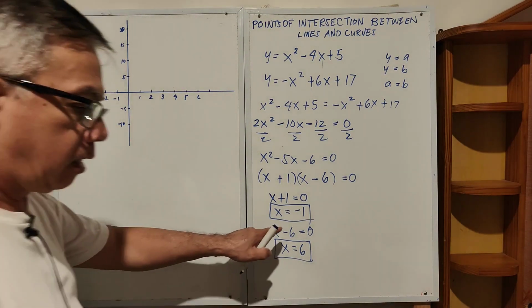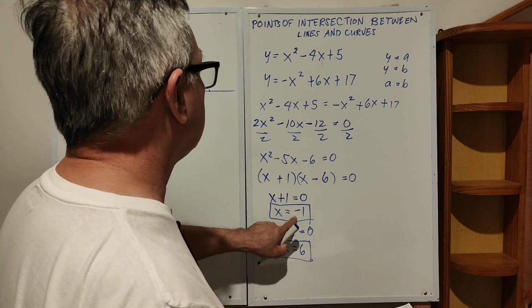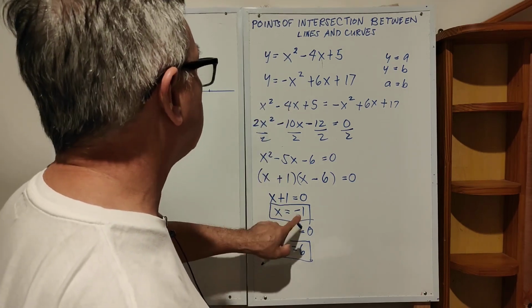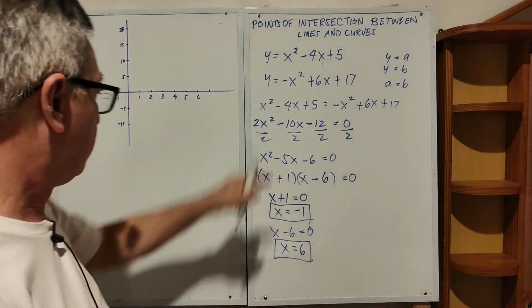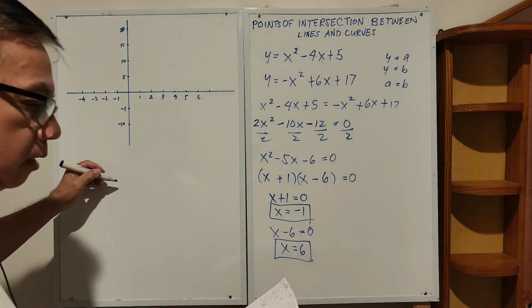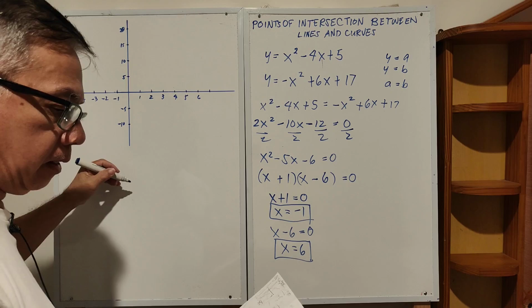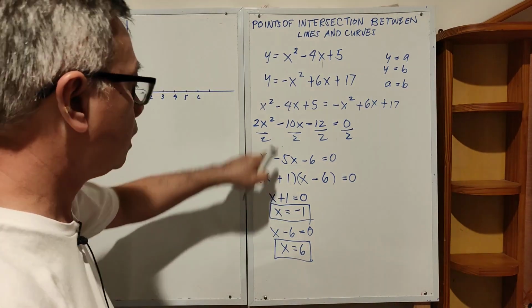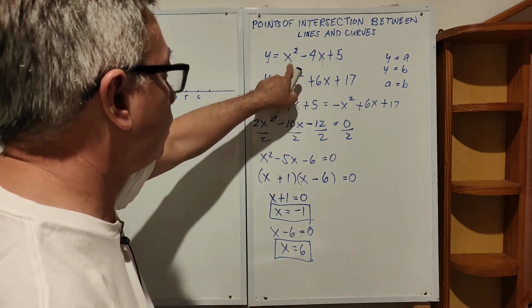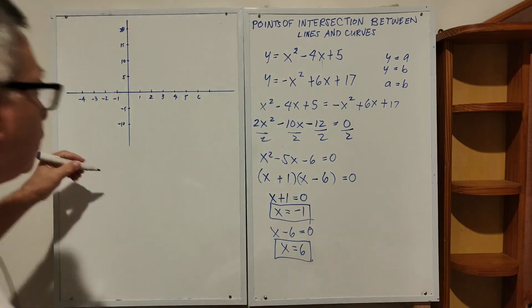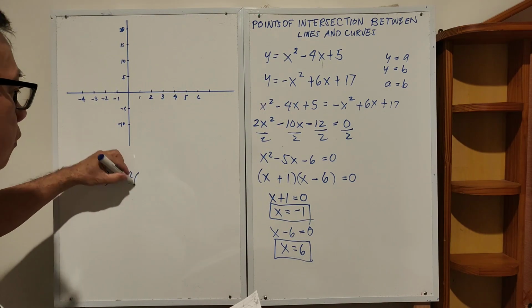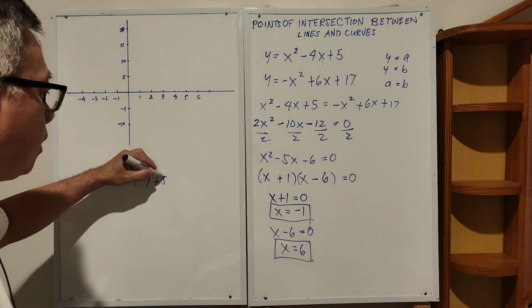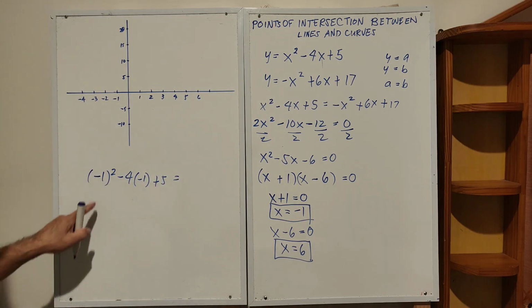Now to get y, we can substitute into either equation. We'll just use this one because it's positive. If x is equal to negative 1, substituting it here, this becomes negative 1 squared minus 4 times negative 1 plus 5.